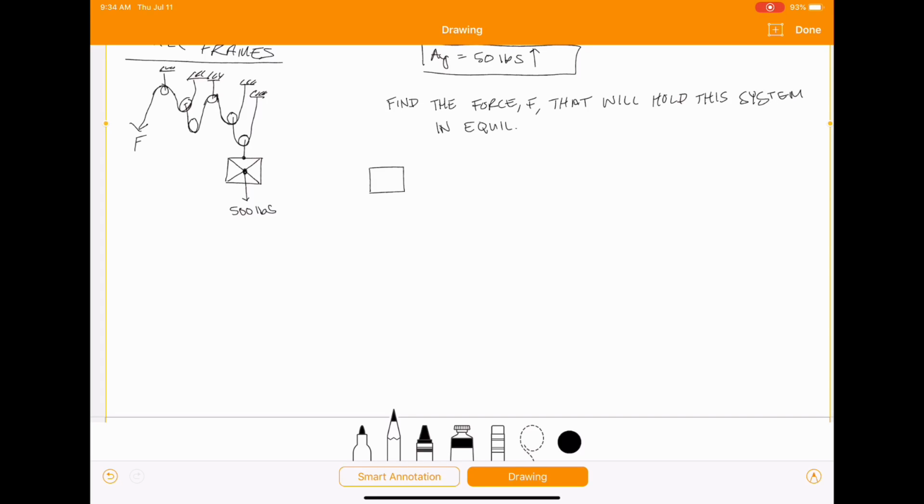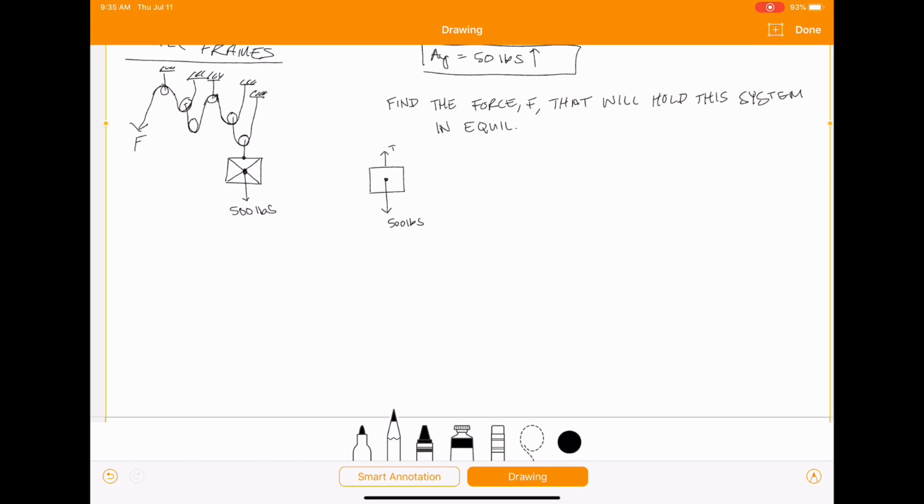So you start by drawing the component itself, which is our box, and then you apply forces, which in this case is going to be its own self weight, which is 500 pounds. And there's a string attached to this box that's attached to a pulley, which is pulling up on that box.